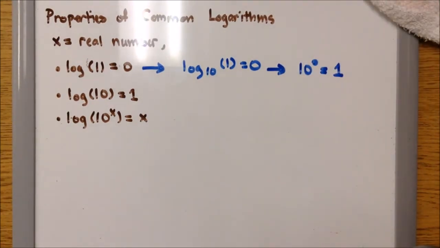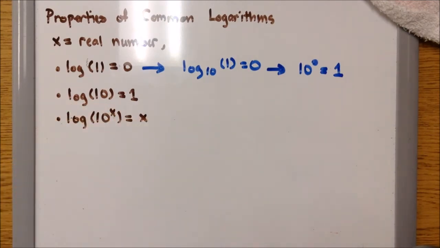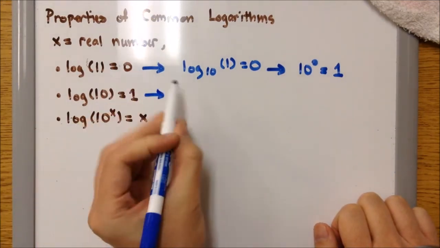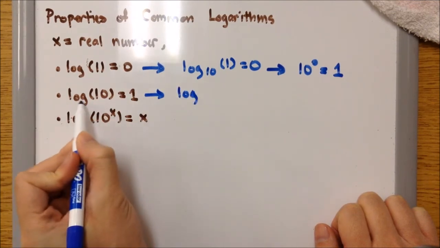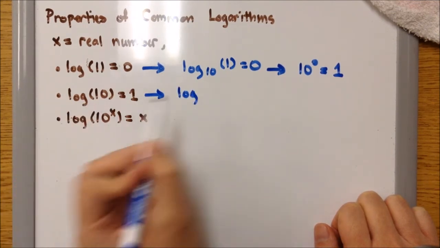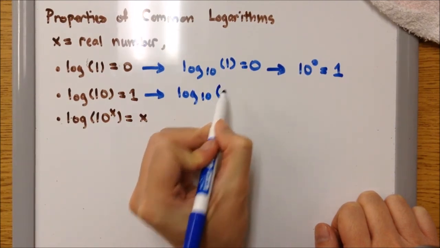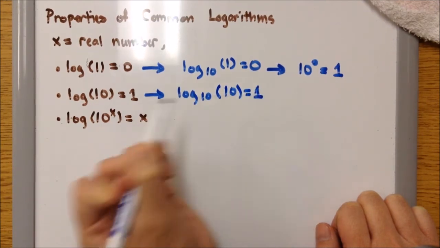So let's move on to the second property. Log of 10 equals 1. Again, if I were to rewrite it with the invisible base, when you see a log with no base, it basically means an invisible 10 as the base. There we go.